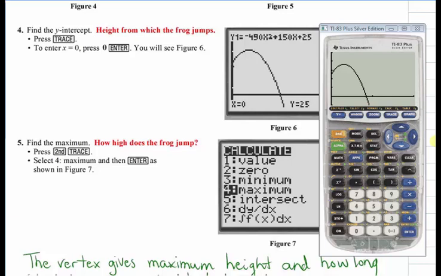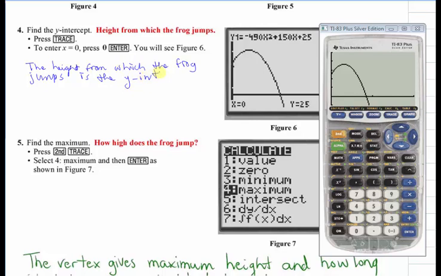Okay, well, the height that the frog jumps from is going to be your y-intercept. Okay, so the height from which the frog jumps is the y-intercept. So we're going to find our y-intercept.